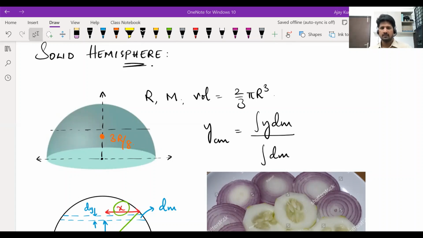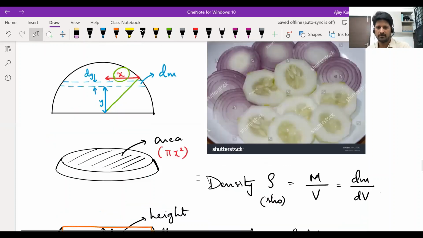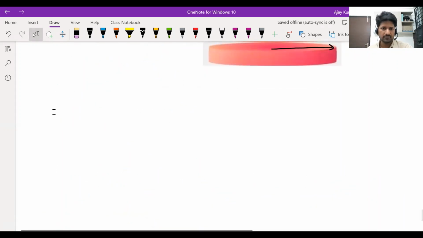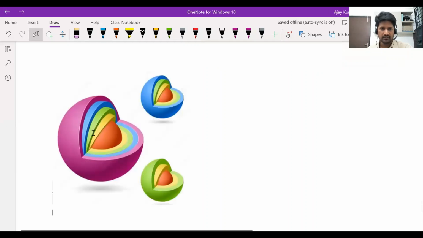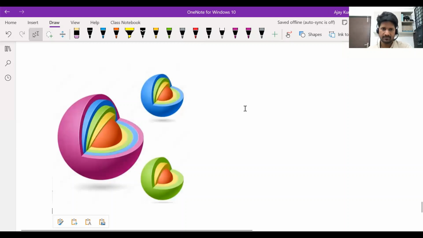It can be done. You can treat it as a collection of hemispherical shells, hollow hemispheres, like bowls placed one on top of another. Balls of varying radius, not balls of the same size. Okay, one small ball, next a slightly bigger ball, then a slightly bigger ball, even bigger ball, and so on. Now, I don't have the exact diagram for a hemisphere, but I have it for a sphere. You can treat it as a collection of layers like this. Okay, here it's a sphere whose layers are shown to you.